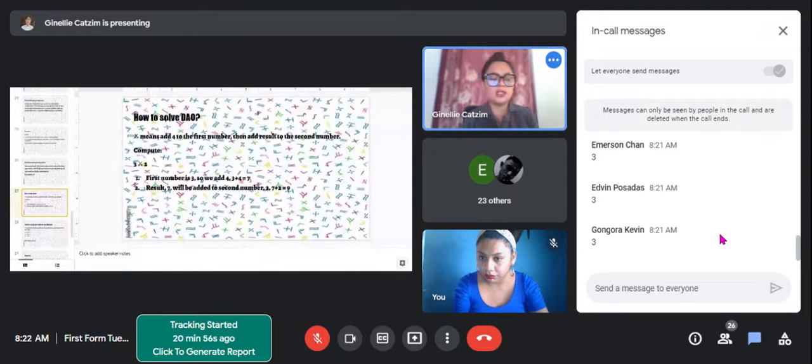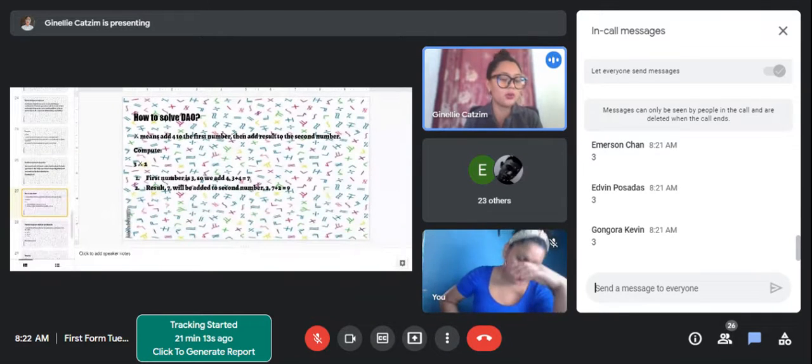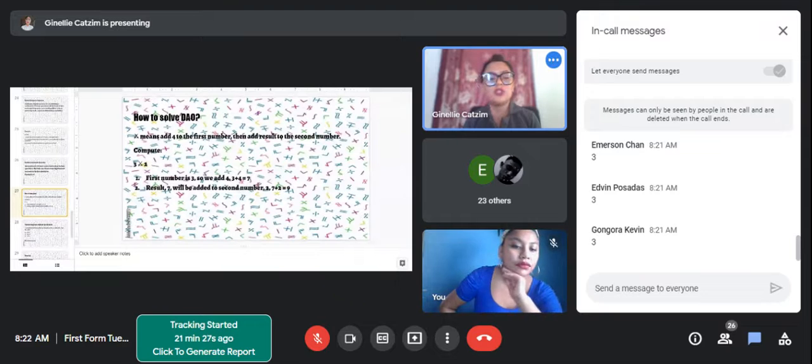Now, what does the statement keep telling me? Add the result to the second number. So which is my result? 7. So I will add that 7 to the second number, which is 2, and we have our answer, which is 9. So it is very straightforward. The question will tell you what exactly to do, which operations to use.